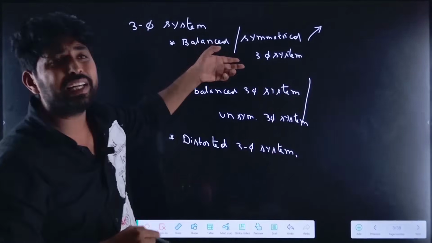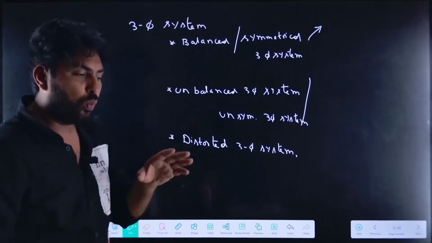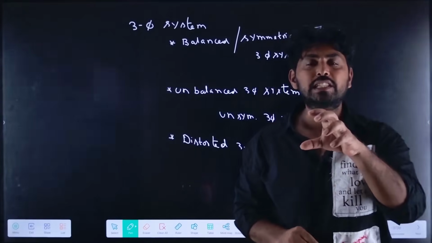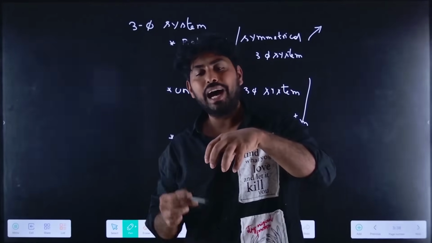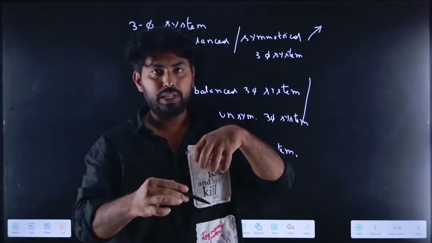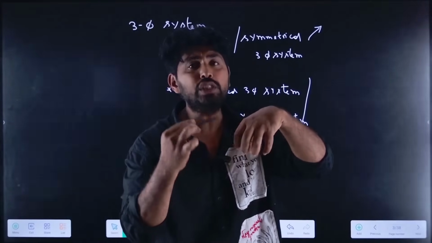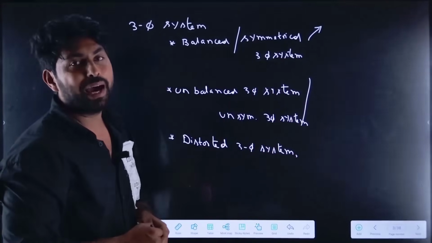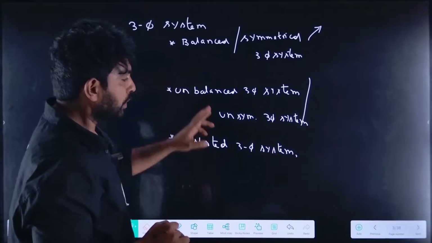Now let us see what a balanced three-phase system is. If the three-phase system has the same phase voltage magnitudes and the same phase displacement, we can call this a balanced three-phase system. What does it mean?